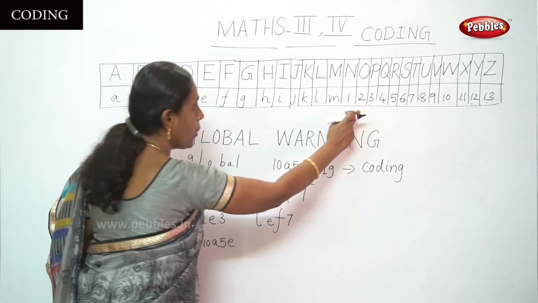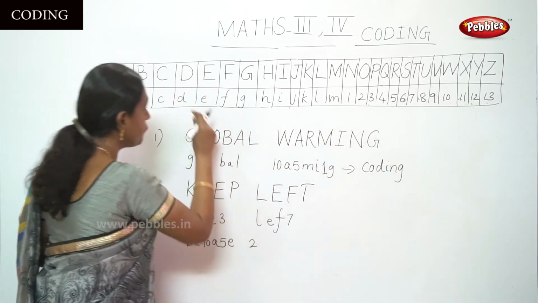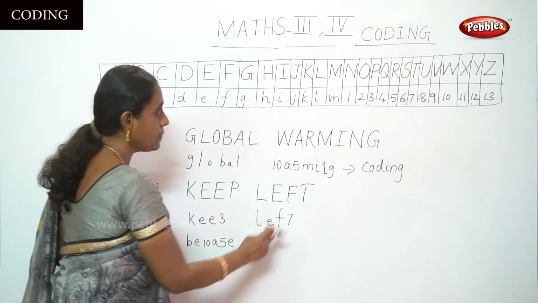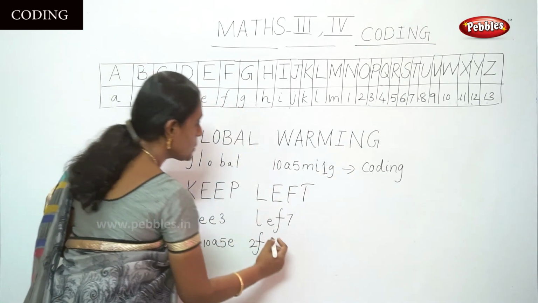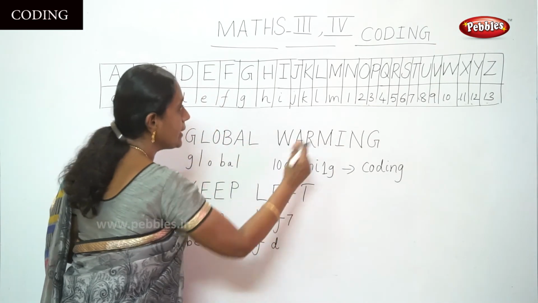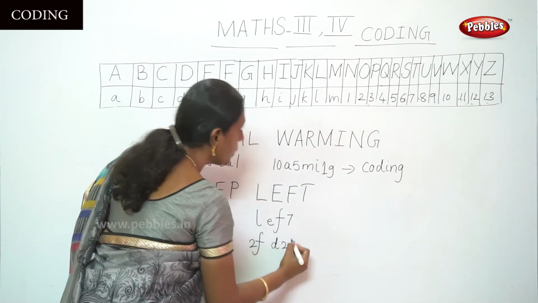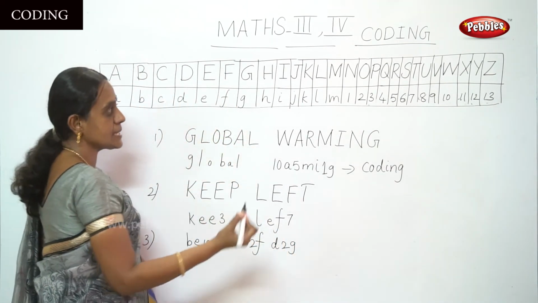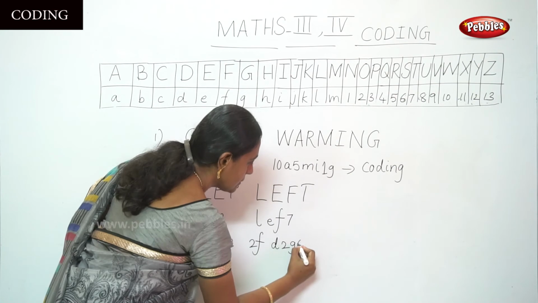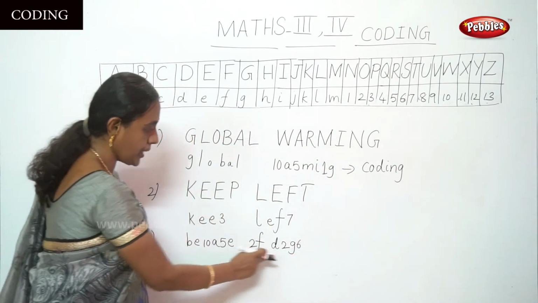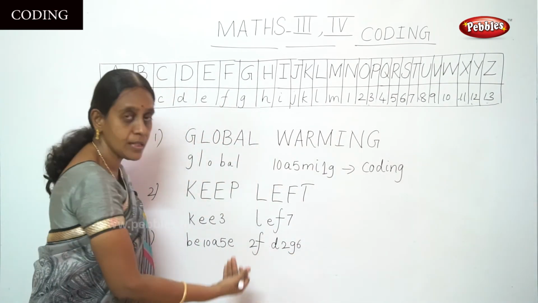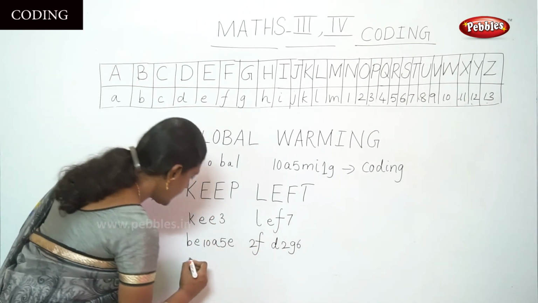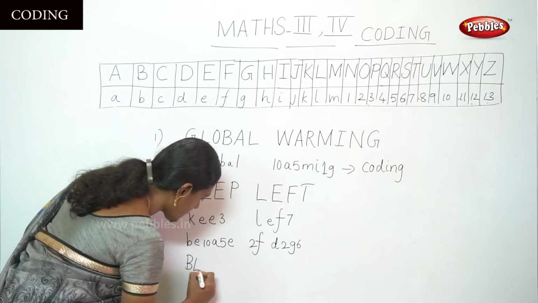Of, that is O, 2, and for F, small f. Beware of dogs: small d, and O, the number 2, and for G, and for S, 6. So this is a coding number, and to derive the answer is called decoding, that is beware of dogs.